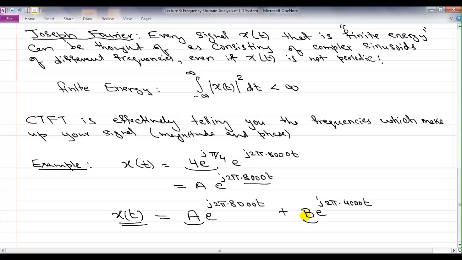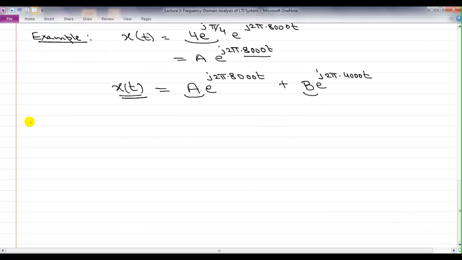So continuous time Fourier transform essentially extends this to an infinite number of frequencies. Okay, we started with one frequency, wrote it as a sum of two. If we have an infinite number of frequencies, well, if you think of the Riemannian sum, we can write it as an integral. So that is effectively, if you think of the inverse continuous time Fourier transform formula.